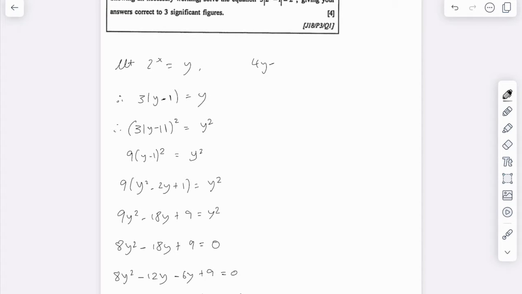Okay, 4y minus 3 is equal to 0. 4y is equal to 3. And y then is equal to 3 over 4.